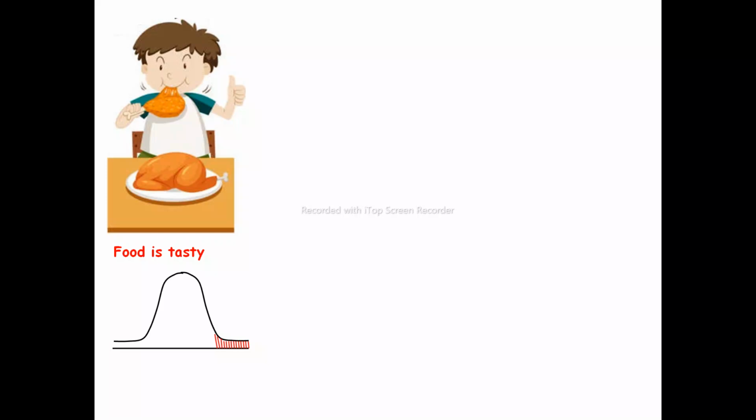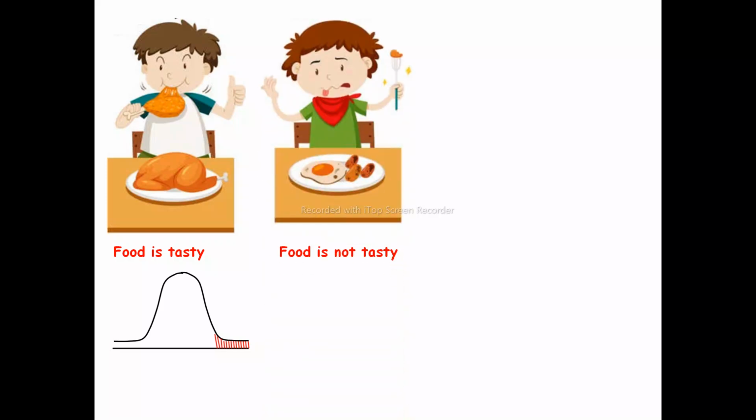Next, suppose this boy thinks that the food is not tasty, then he will eat less, a very negligible amount compared to what he actually eats on a normal basis. Then here we'll have a left-tailed test, because the hypothesis is he'll be eating less.